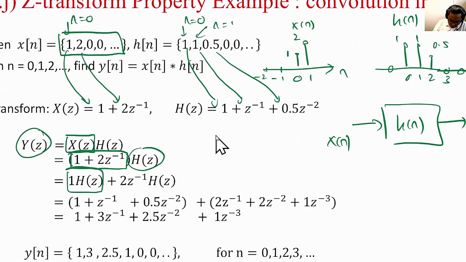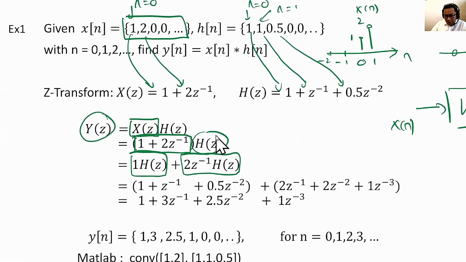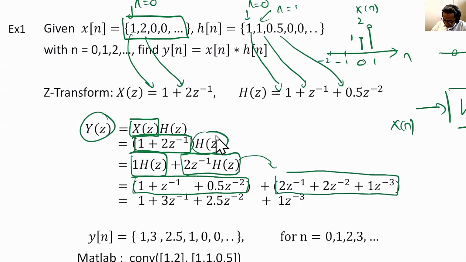So we have 1 times H(z) plus 2z^(-1) times H(z). The second term is simply 2z^(-1) times 1 plus z^(-1) plus 0.5z^(-2).